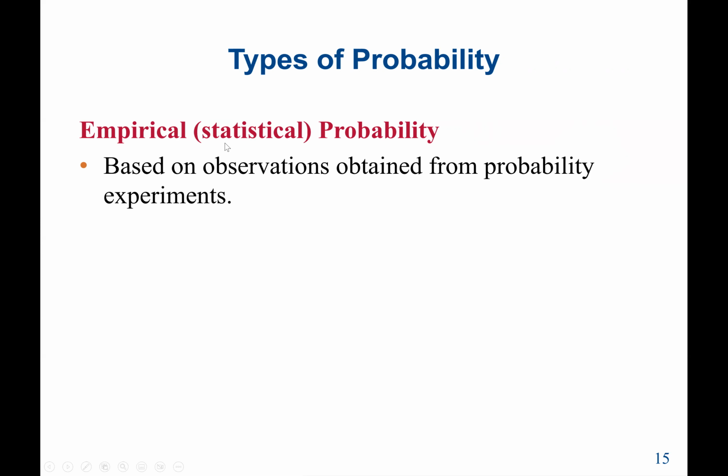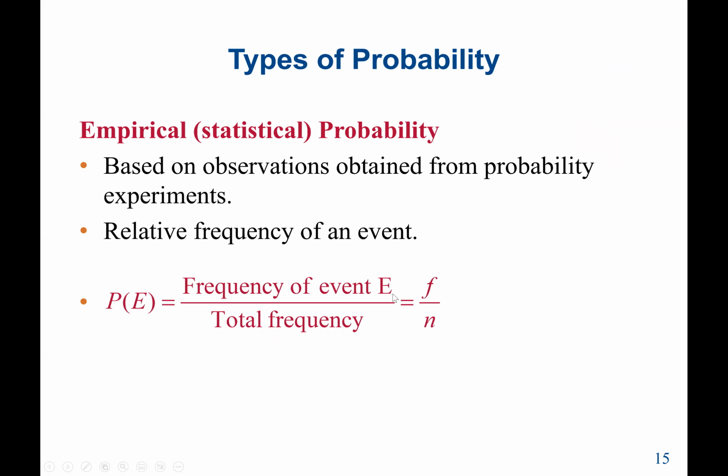So that's why it's a statistical probability, because in statistics, for example inferential statistics, that's our main goal. So here, it is still a relative frequency of an event, because this event has occurred before. So the probability of E is the frequency of event E divided by the total frequency.